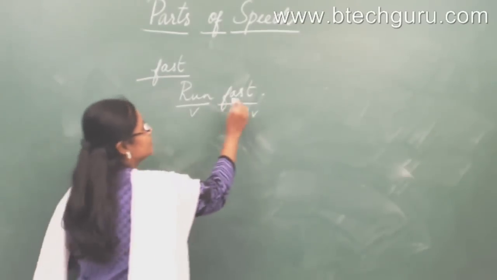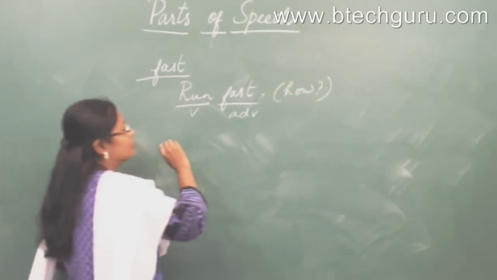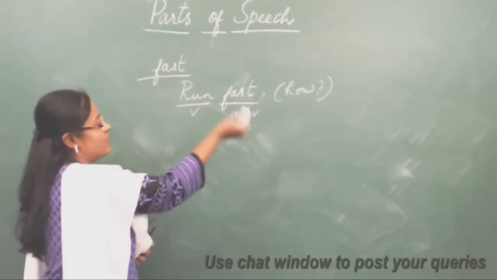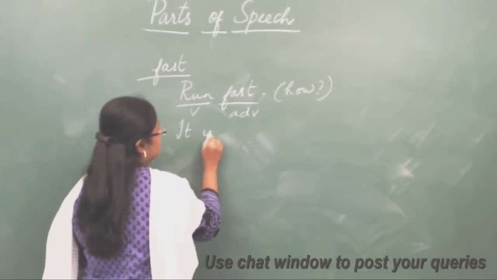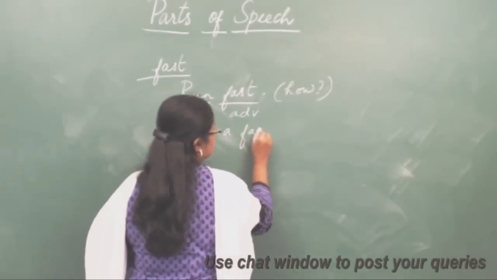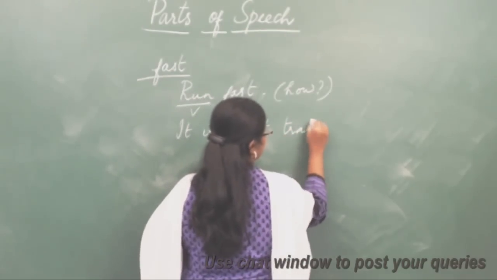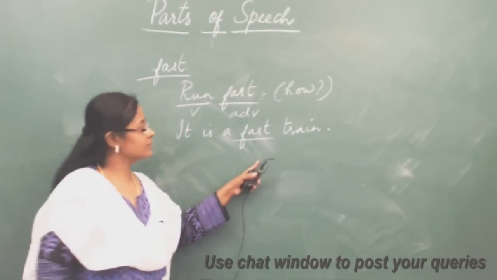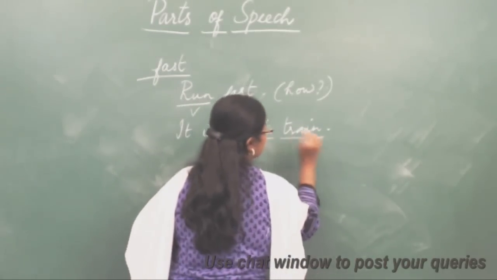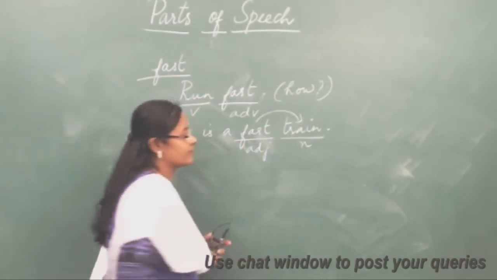How? It answers the question how, right? How to run? Run fast. It is an adverb. We say it is a fast train or she is a fast runner. What part of speech is fast here? This is a noun. It talks about the noun, so this is an adjective.